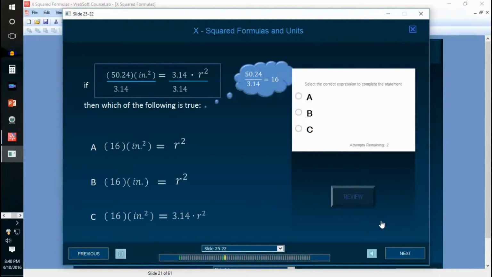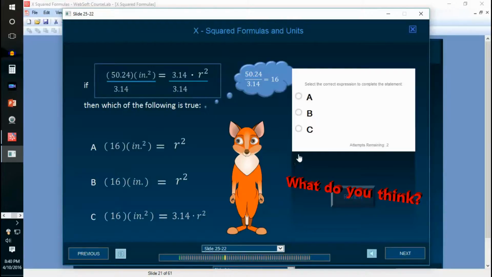If this equation is true, then which of the following is true? 50.24 over 3.14 is equal to 16.